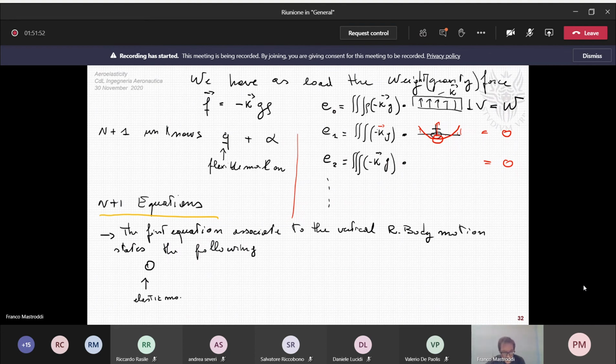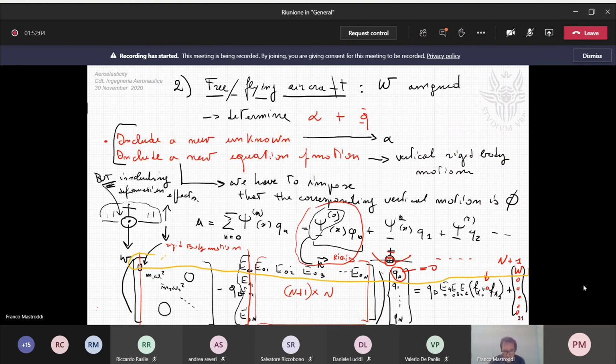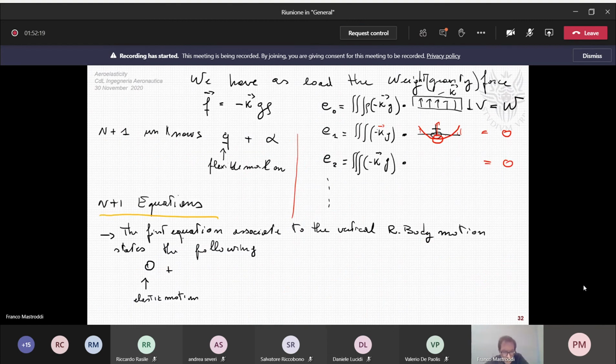Elastic motion, zero stiffness, zero modal generalized stiffness, plus, look here, we have this contribution, which is the contribution to the lift force given by the deformation of the body.